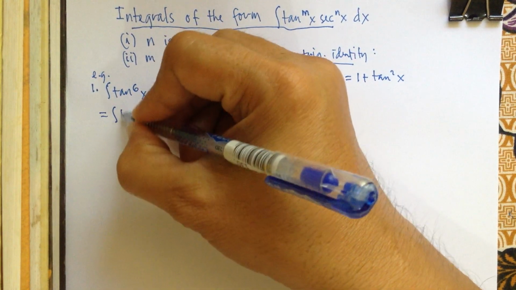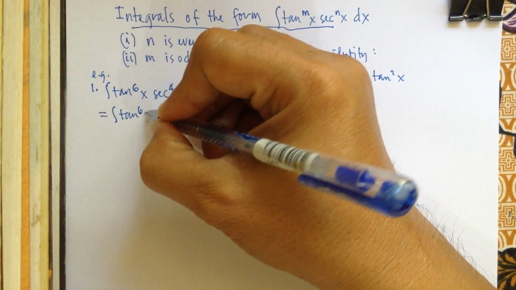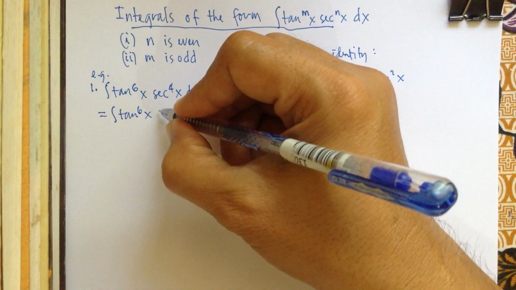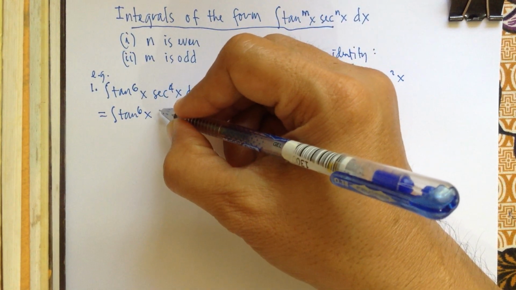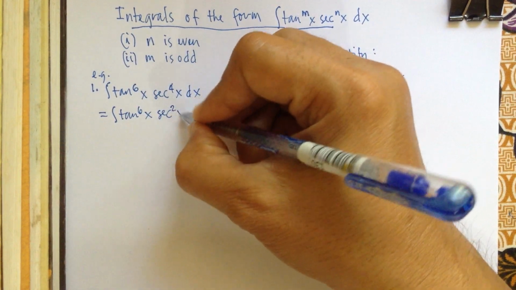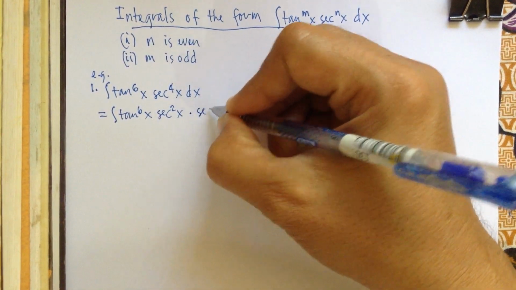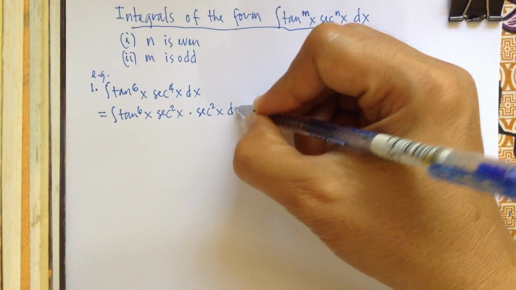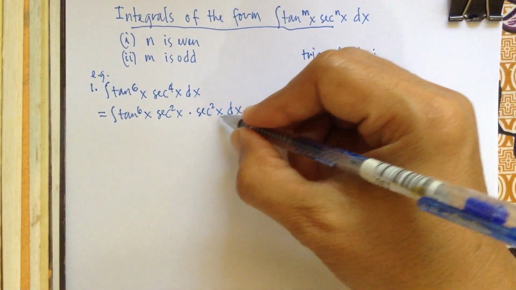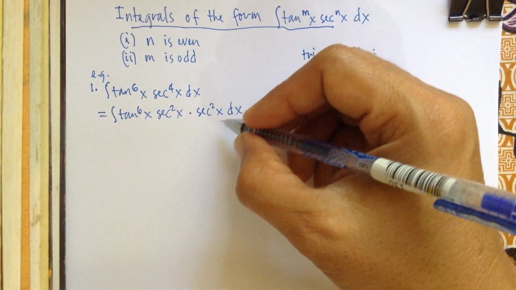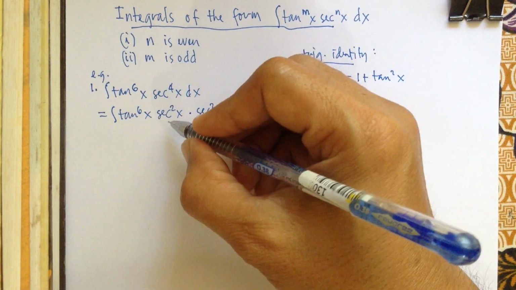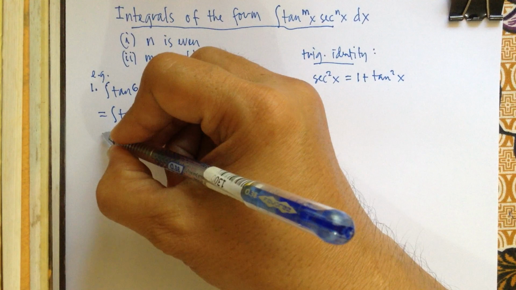So what we're going to do first is to separate a factor from secant to the 4th x. So we have secant squared x times secant squared x dx. So that means that we will reserve this for our du. And if it is your du, then your u must be tangent. So you have to convert this one to tangent.